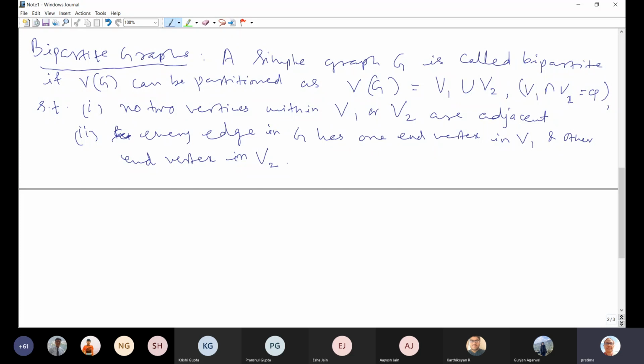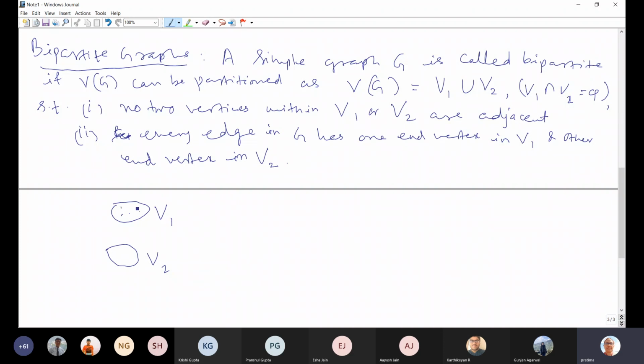This graph G will look like this. We should be able to express the vertex set of the graph in this form.